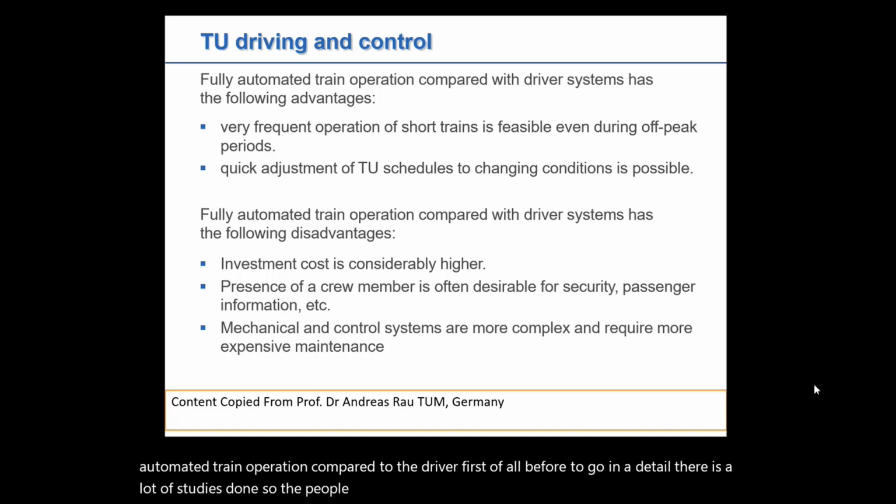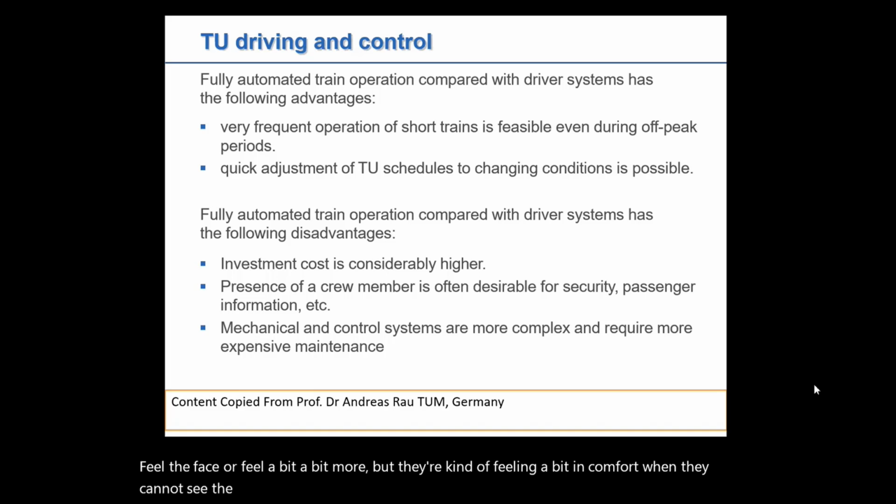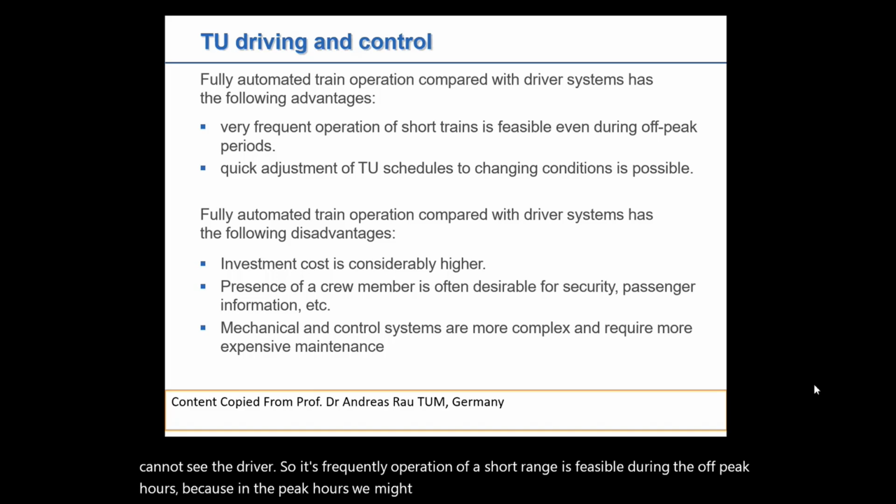People usually feel more satisfaction when they see a driver, and they feel a bit uncomfortable when they cannot see the driver. Frequent operation of a short train is feasible during the off-peak hours, because in the peak hours we might end up with issues. So we can adjust the transit unit schedule because there is a human control system behind that.